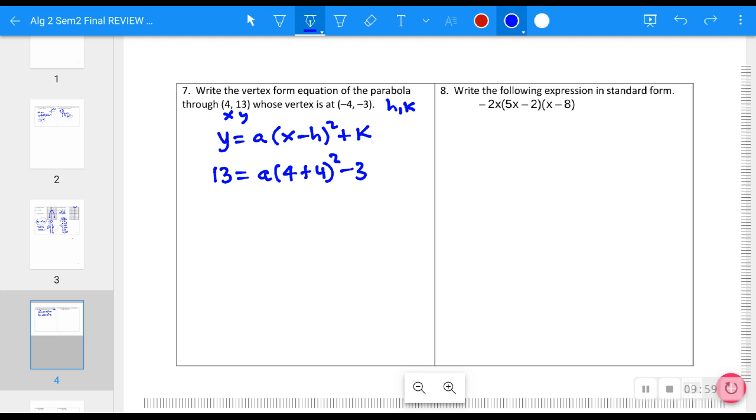So let's add 3 to both sides. And while I'm at it, I'm going to take 4 plus 4 is 8. So then we get 16 equals a times 64. Dividing both sides by 64 gives 1/4 for a. And now we find the equation by plugging in the new information, the a and the h and the k.